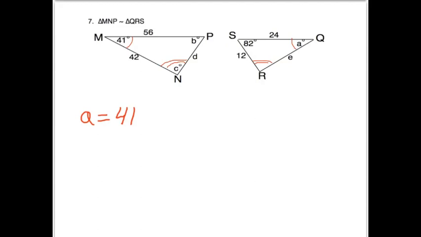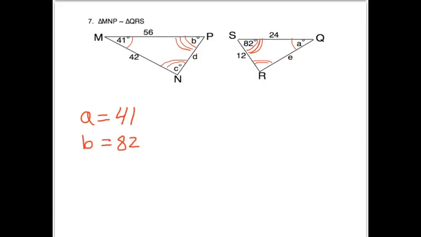However, we don't know anything about angle N and angle R. So let's take a look at the last angles named in the triangle. Angle P must be congruent to angle S. And since 82 is angle S, I know that B is equal to 82.